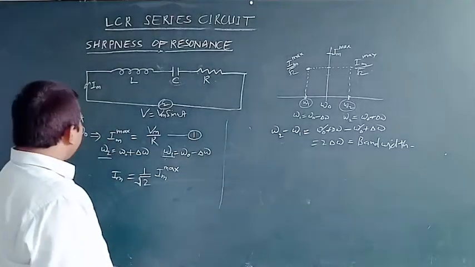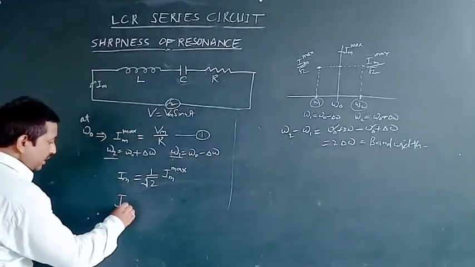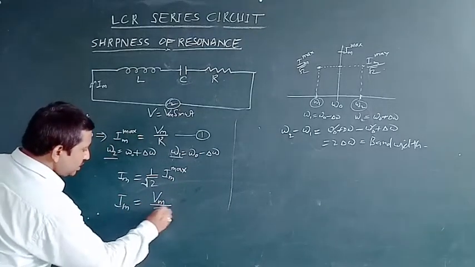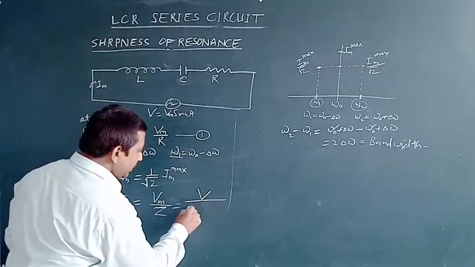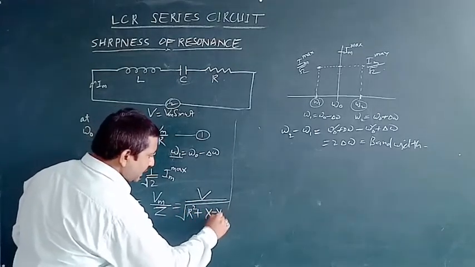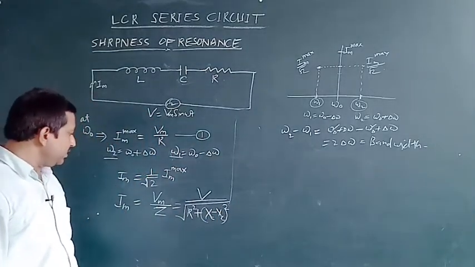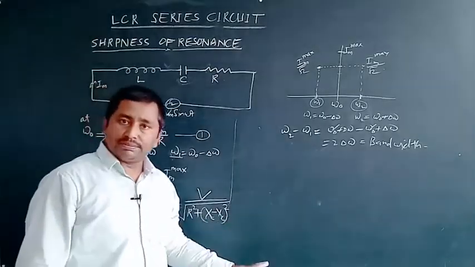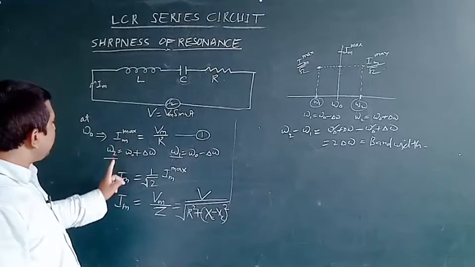As we know, the amplitude of the current flowing through the LCR series circuit can be expressed as Vm by Z. So we can write it as Vm by root of R square plus Xc minus XL whole square. If we take the values of Xc and XL at the frequency omega 1, then the current at that frequency becomes Im max by root 2.